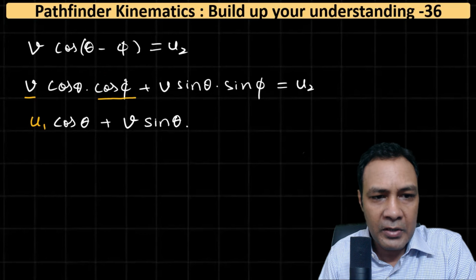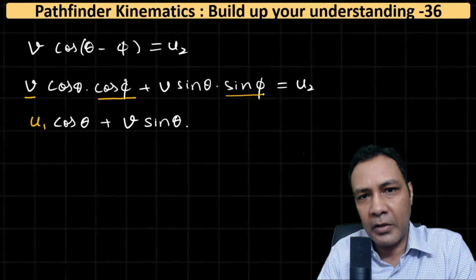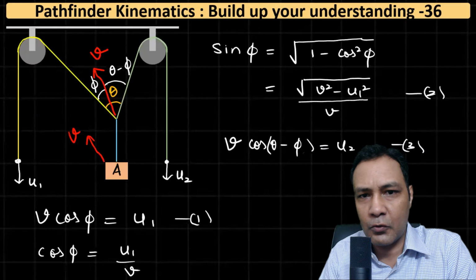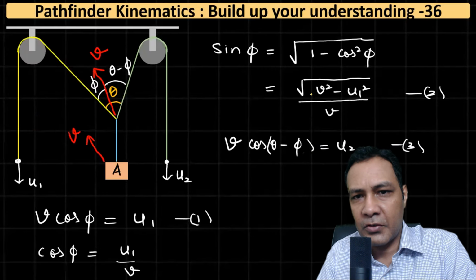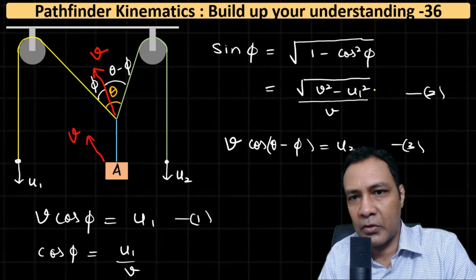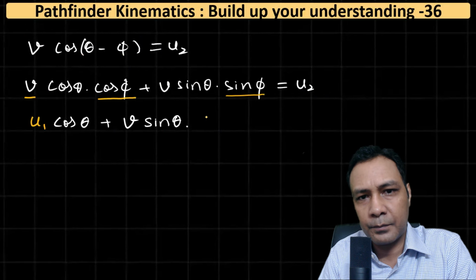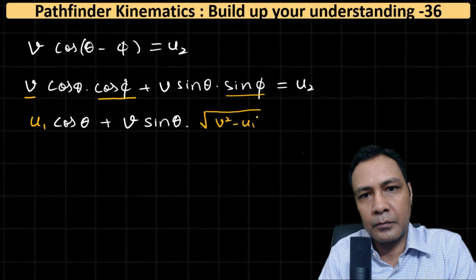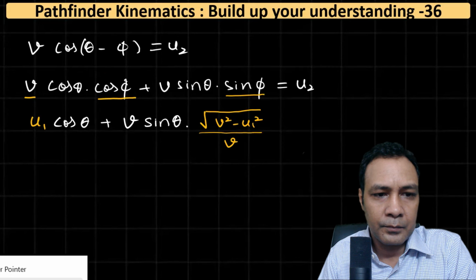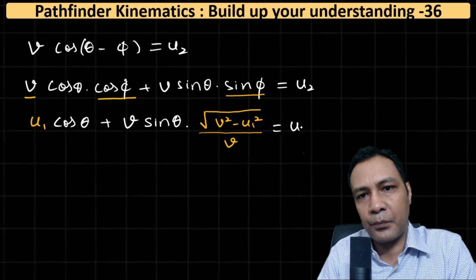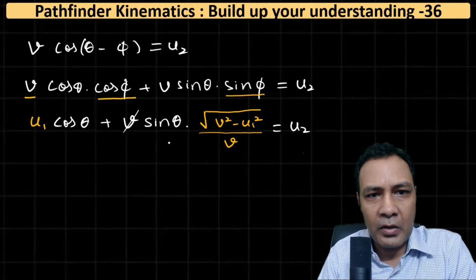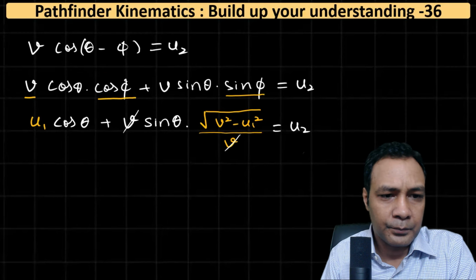In place of sin phi, I've calculated before, equation 2, I will write square root of v square minus u1 square by v. So writing it here, and this is equal to u2. So this v and this v will get cancelled.